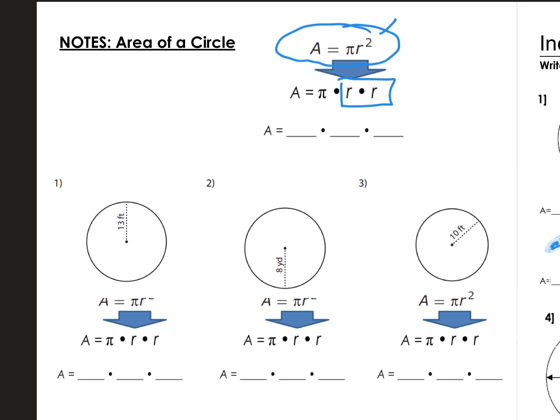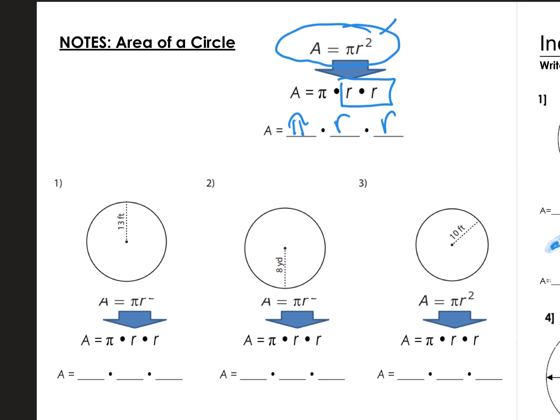And if you recall, when we learned identifying parts of a circle, that r represents the radius. So the formula for area of a circle is nothing more than pi times r squared, or r times r, radius times radius.